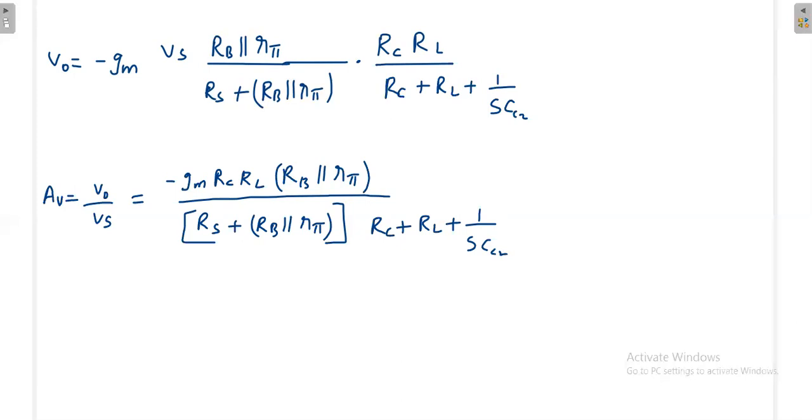Now I will make some adjustment here. I will multiply RC plus RL in both the numerator as well as the denominator.